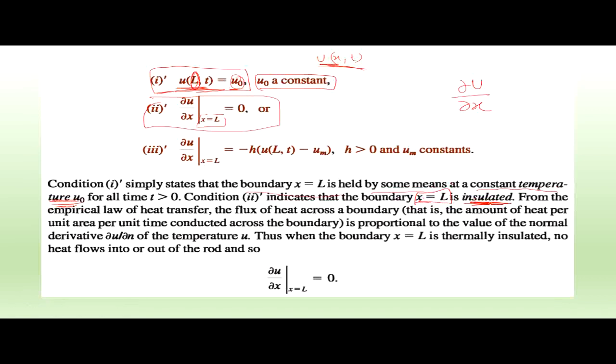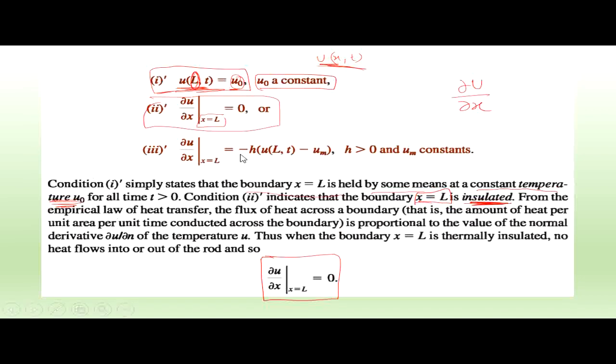X equal to L is right side. Insulated means no heat flows outside. Insulated means no heat is moving out from this side nor coming inside. So the partial of u with respect to x at x equal to 0 and x equal to L is 0 stands for insulated edges, isn't it?